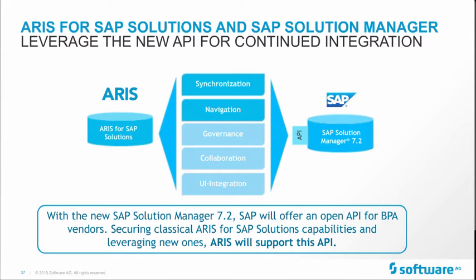So you will really be able, at the push of a button, to transfer your data that you already have synchronized between ARIS and SAP, and migrate that automatically, so that you can reuse that in your SAP project. And that's planned for the end of the year.